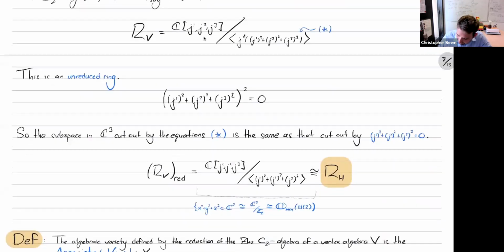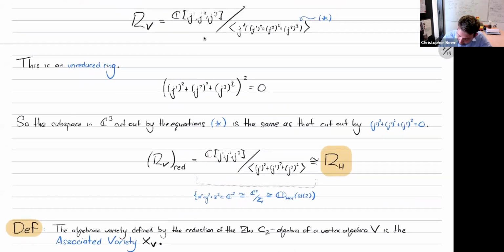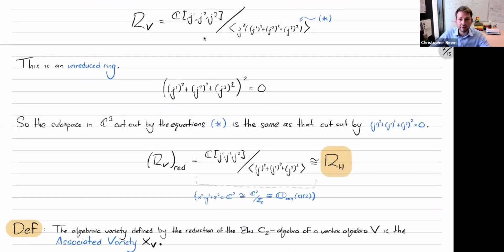It's notable for my purposes that this is an unreduced ring, meaning that it contains things that are nilpotent. In particular, if you take J1 squared plus J2 squared plus J3 squared, the Sugawara vector, and you square it, then you're going to get 0, because as soon as you multiply J1 squared plus J2 squared plus J3 squared by anything, you get 0 by this relation.